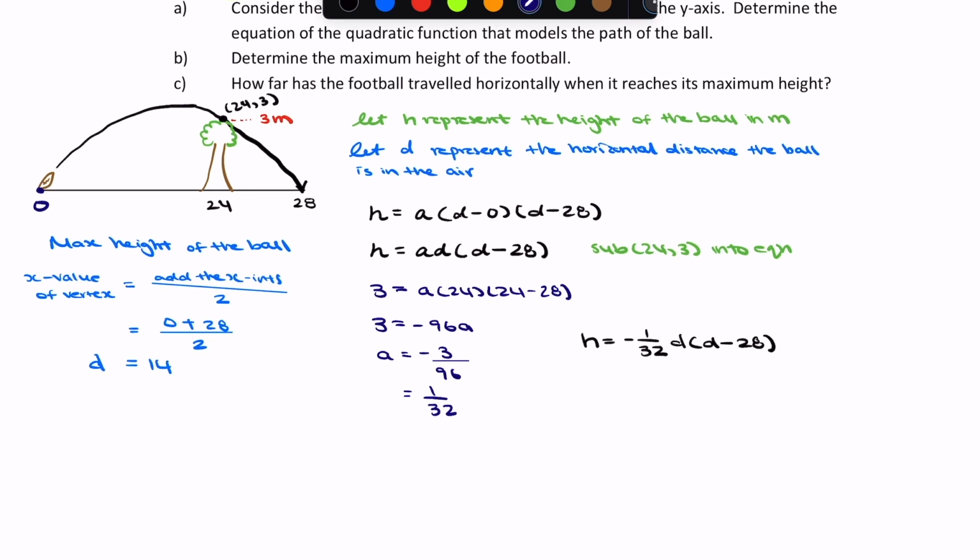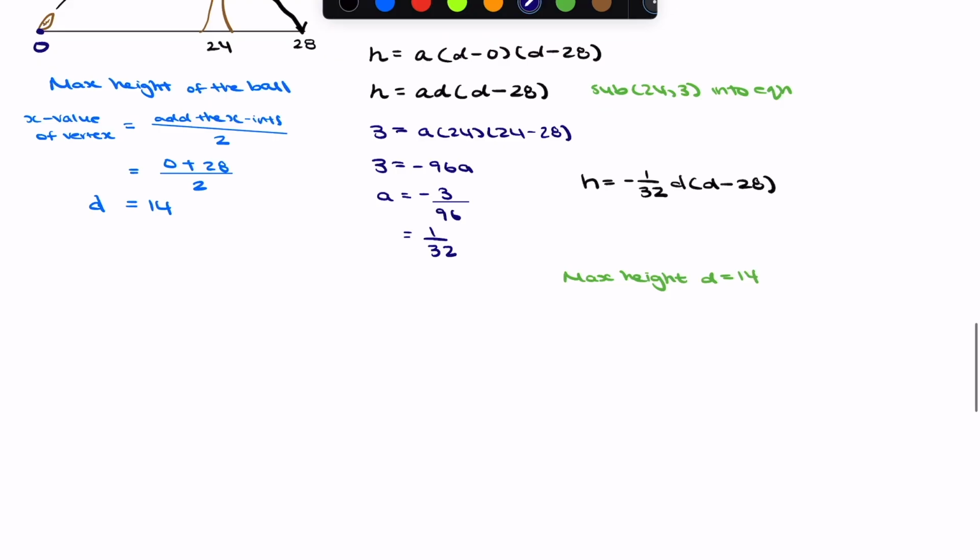So now we can sub that back into our equation. So max height when the distance is equal to 14. So sub that back into our equation.